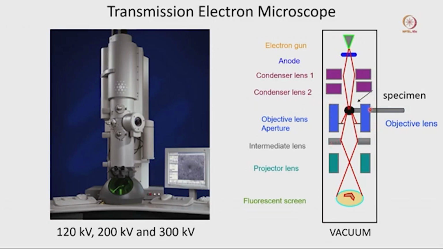Now this is the objective lens where our sample will stay. This is called the stage of the microscope.